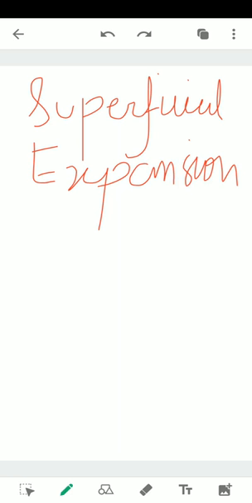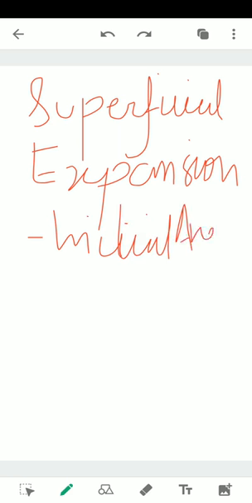So let's see on what factors this superficial expansion depends. Superficial expansion basically depends on the following three factors. The first one is the initial area of the solid.